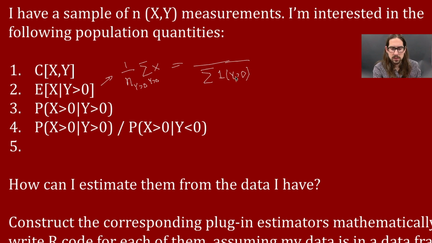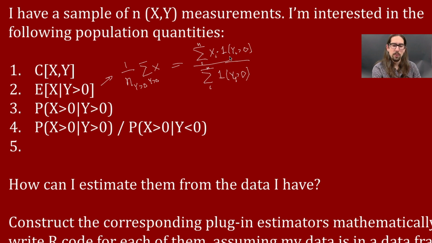I'm summing over everybody, but I'm getting a 1 if y is greater than 0. And so the sum of times where that happens is exactly how many people. That's my n for y greater than 0. And for this thing up here, I just want to add up the x's where this happens. So another way to do that is I'm going to add up over everyone their x's, but I'm going to multiply the value of x times also this indicator function.